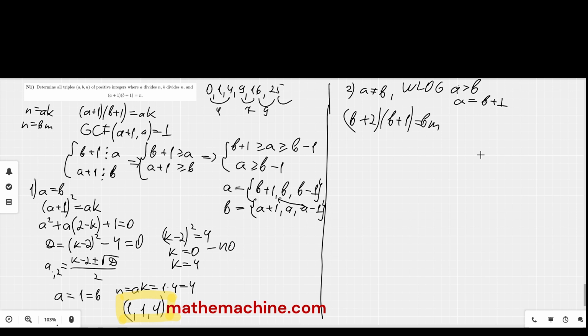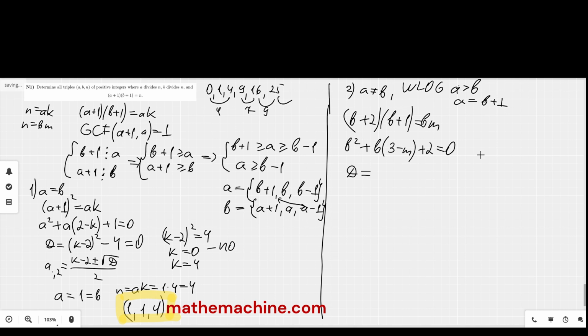So open the brackets and simplify: b squared plus 3b plus 2 minus bm equals 0.